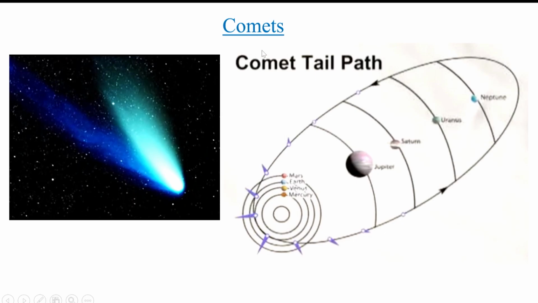Now, we will look at why there is a common question: why do comets have tails, or to be specific, do they always have a tail? The answer is no, they do not always have a tail, because first of all, these comets possibly come from the Kuiper belt or from the Oort cloud.